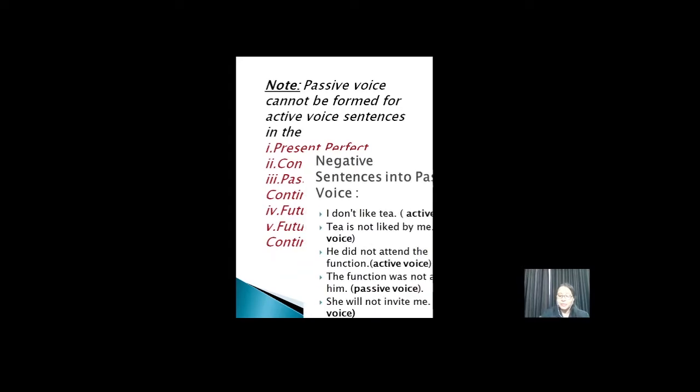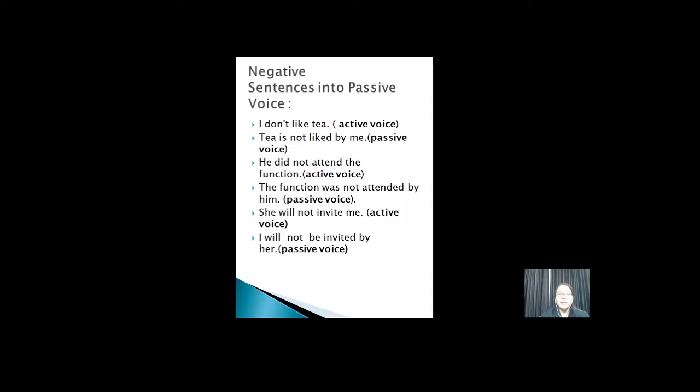Clear, students? So now negative sentences: how do negatives change to passive voice? If do not or does not is given in an active voice, that means it is simple present tense. So we have to use the same rule, the same helping verbs is, am, are.